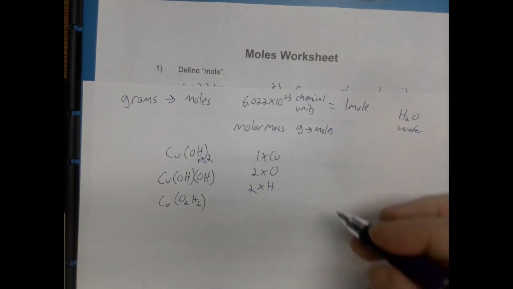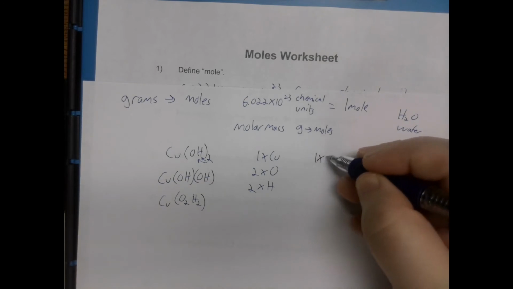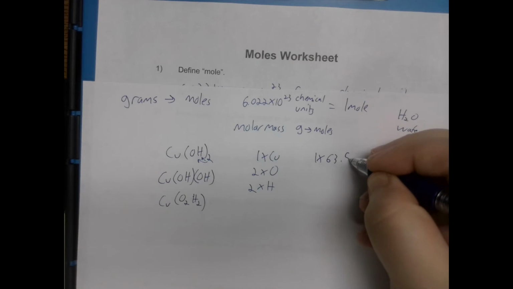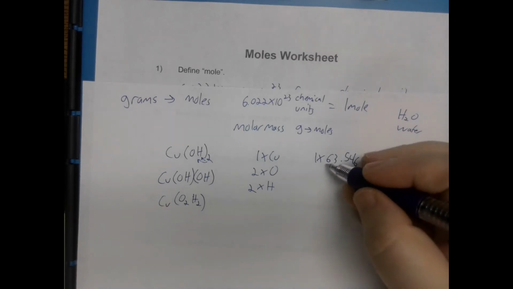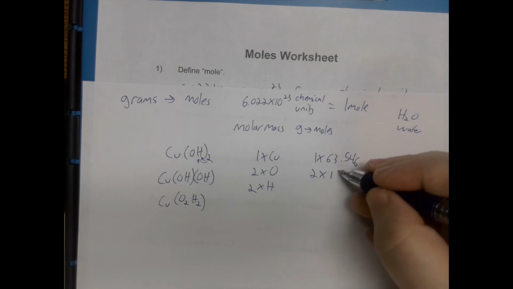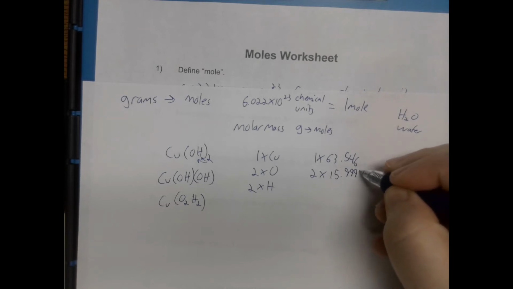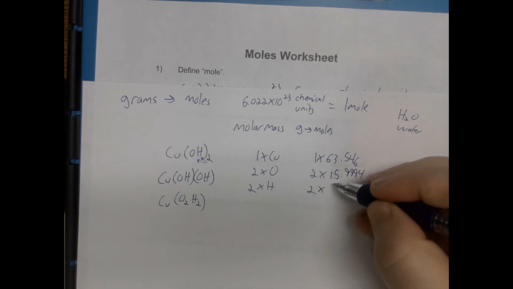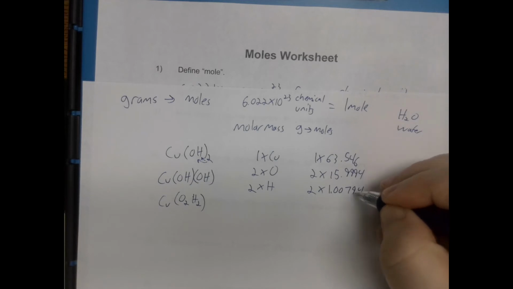So looking it up, that'd be 1 times 63.546, 2 times 15.9994, and 2 times hydrogen, 1.00794.